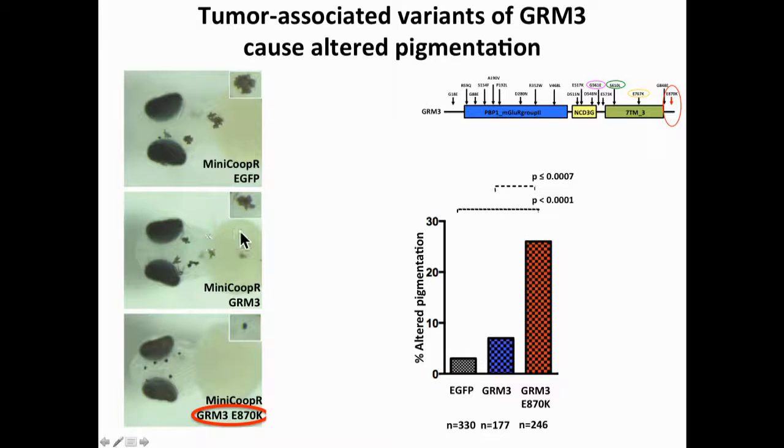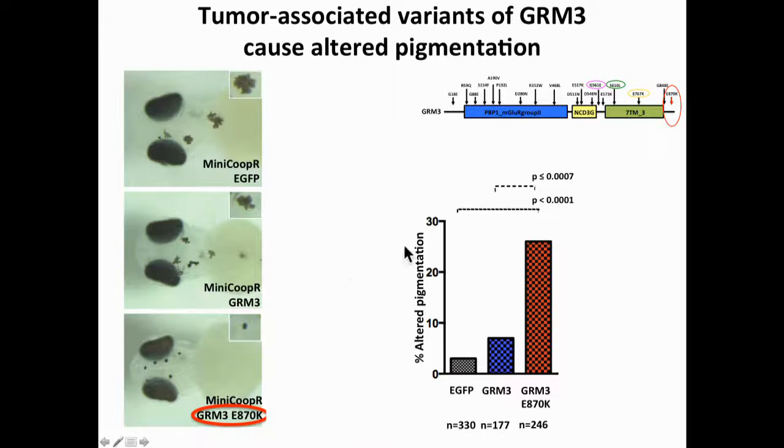The same happened when we inject the wild-type copy of glutamate receptor 3. But when we inject the E870K mutation, what we observed is that the pigmentation of these melanocytes was very different.